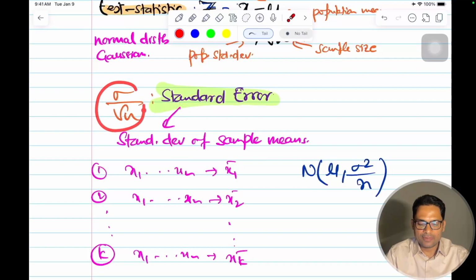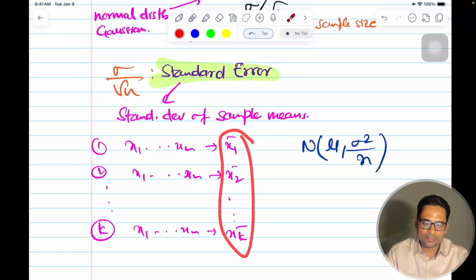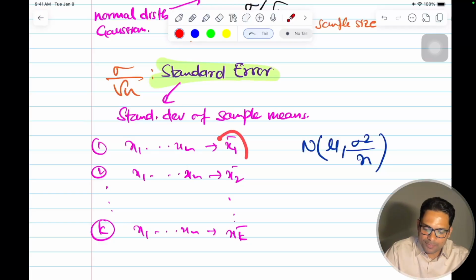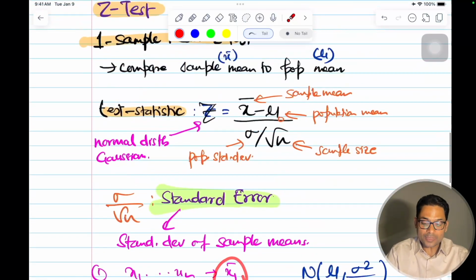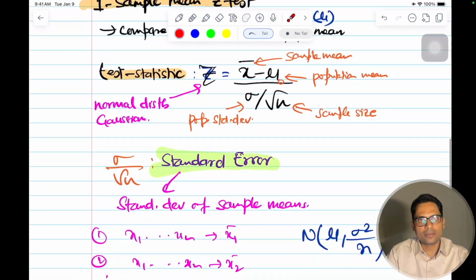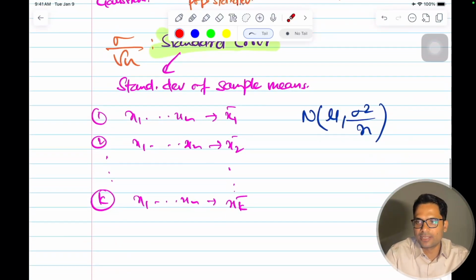You have done the derivation also for this. Check that, I'll put the link in the description. So the standard deviation of the population data is sigma, but for the means this is sigma by root n, and that is called standard error. I hope standard error is clear and revised again.